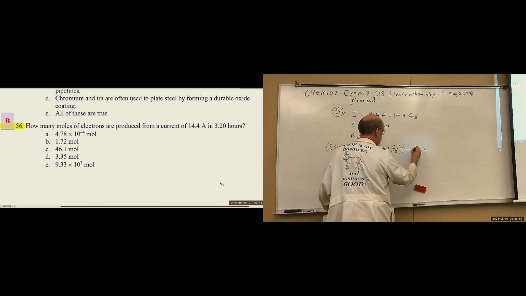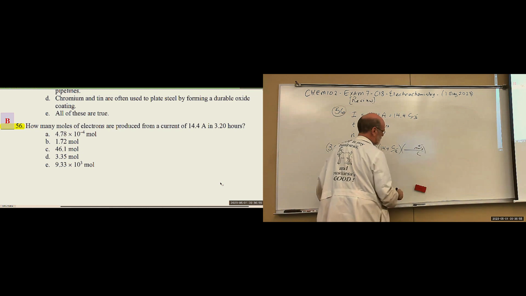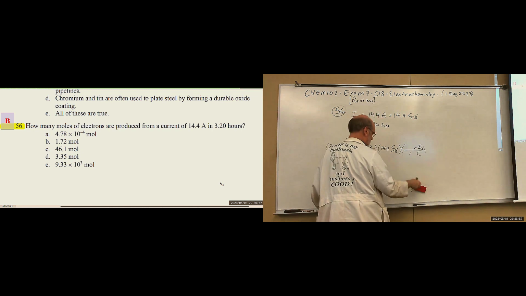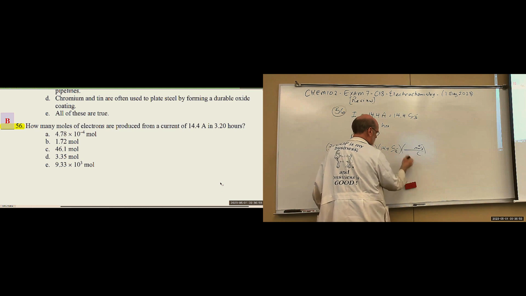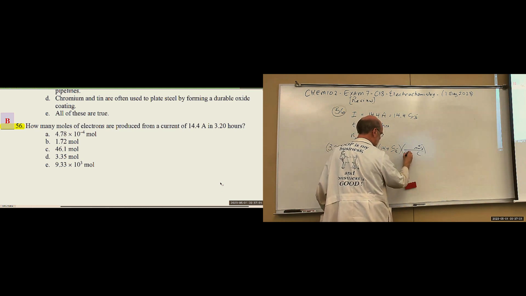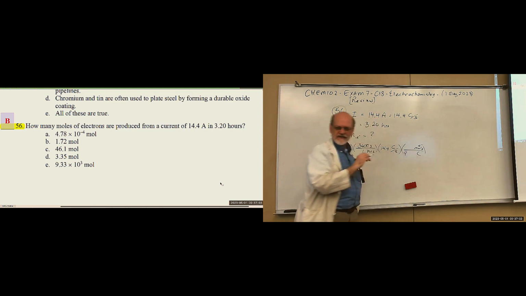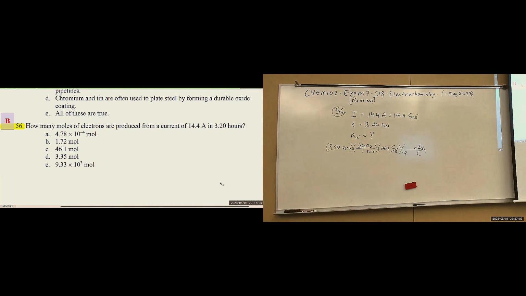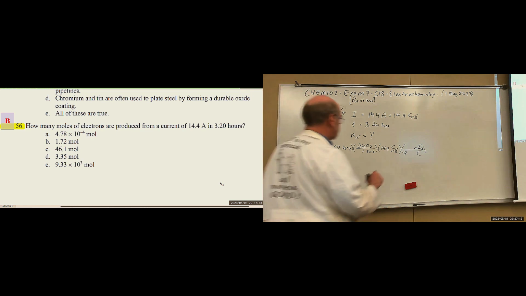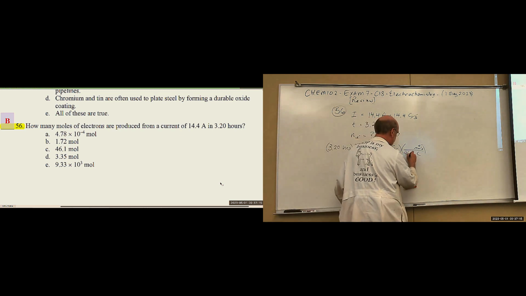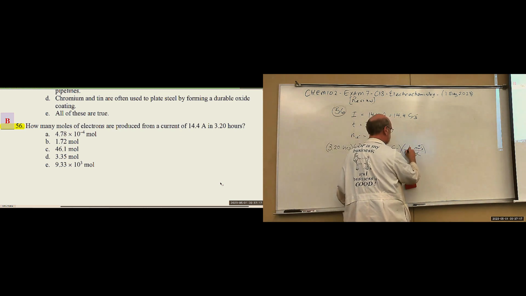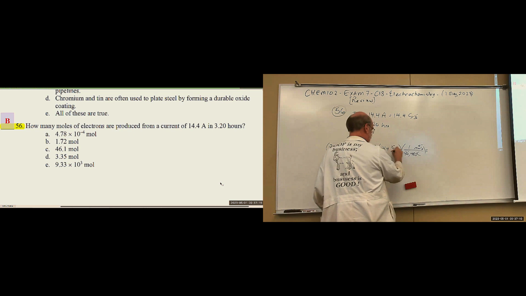Now we need to convert coulombs to moles of electrons. And one, let's see, 96,000. I'll find it. It's in here. 96,485 coulombs per mole of electrons.